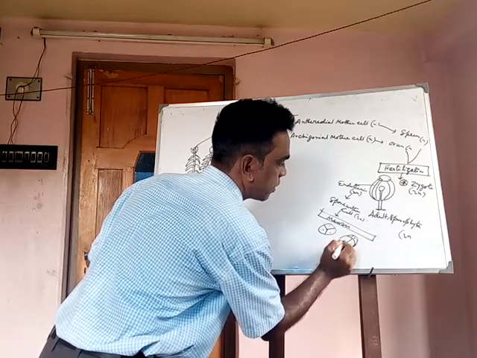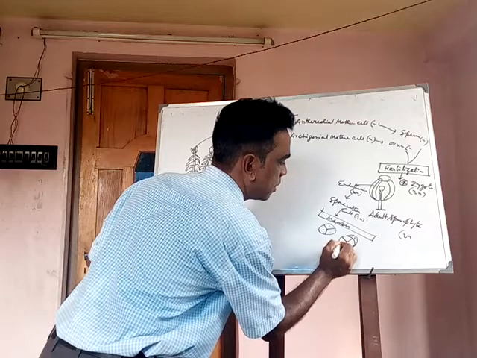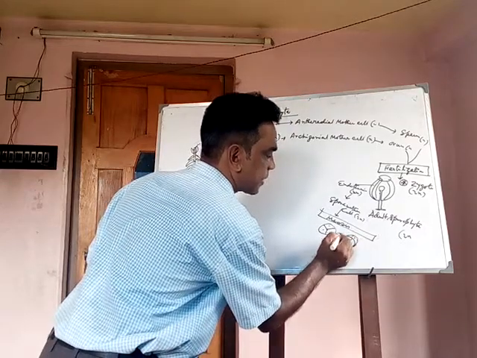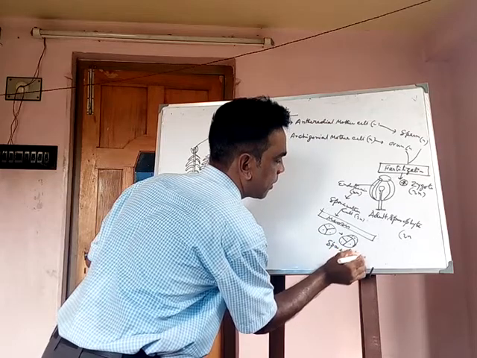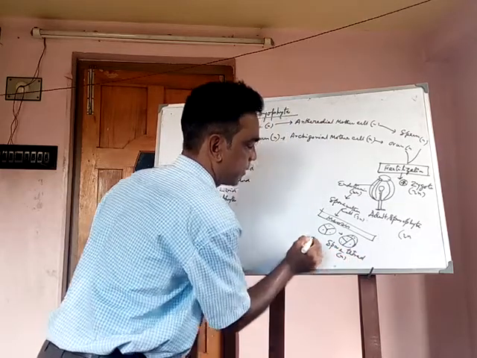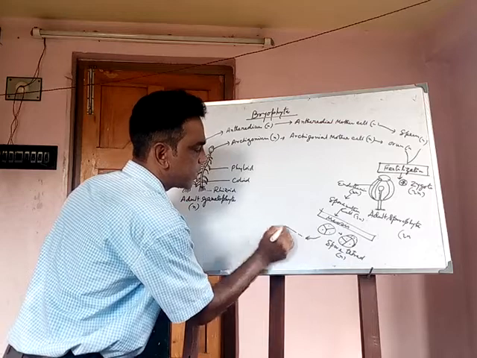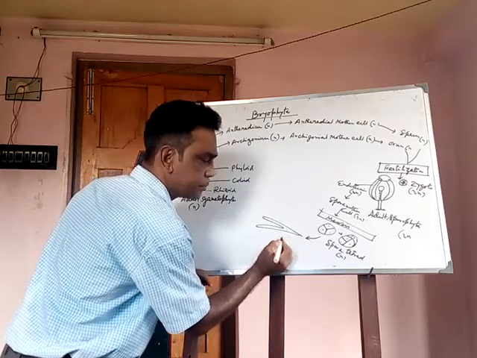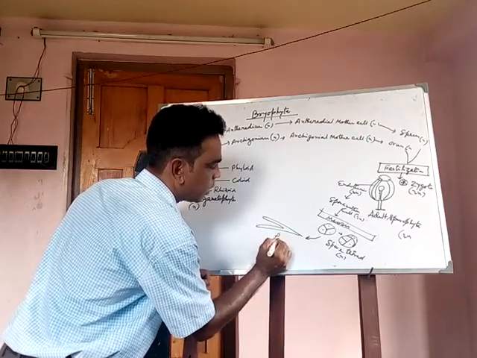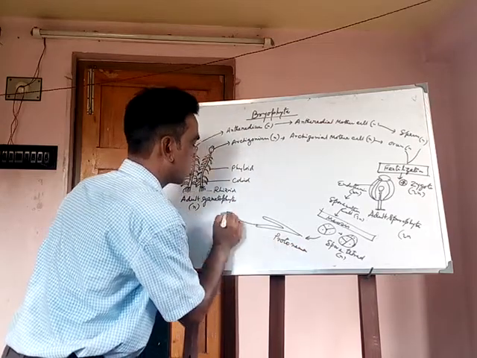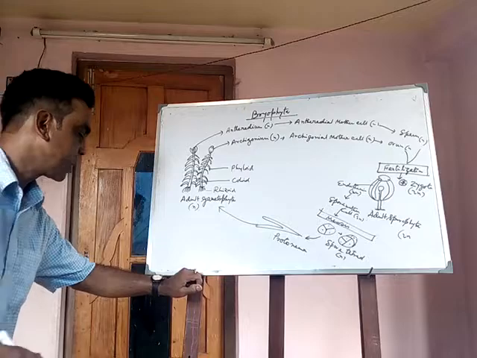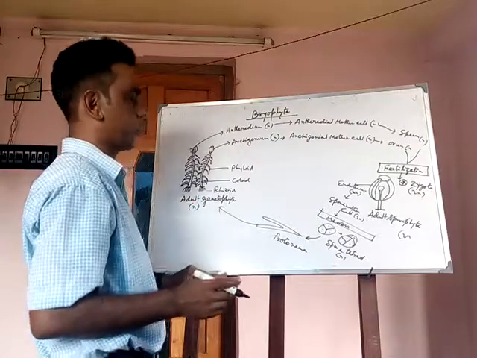One spore tetrad, that is n. After the germination of the spore, filamentous bodies are produced, that is protonema, and protonema produces the adult gametophyte.